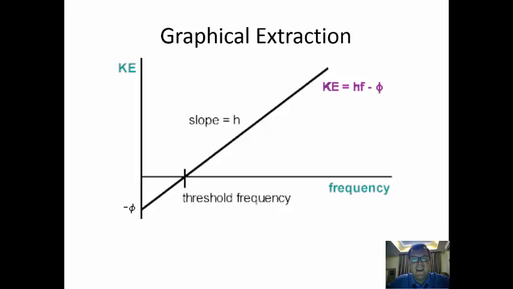Now if we think about the kinetic energy being plotted against the frequency, we accept the threshold frequency is there, but we'll notice that the gradient of the slope must be h, Planck's constant, and the negative intercept on the kinetic energy axis is going to be equal to the work function. So therefore, looking at this graph, we can extract some information.